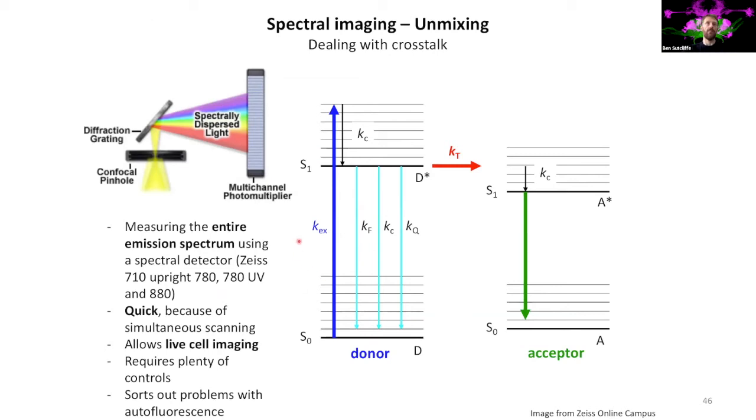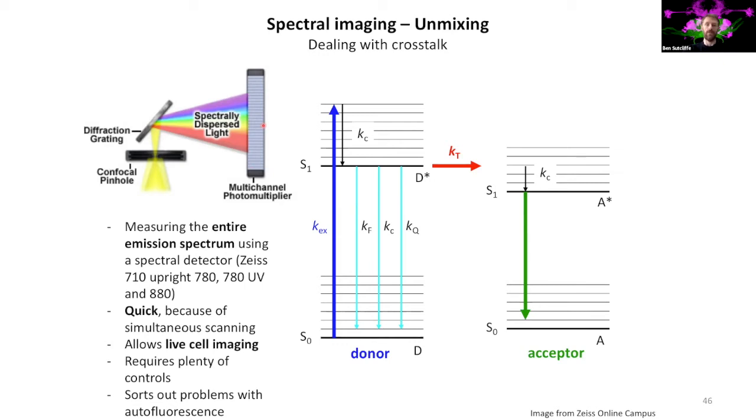They all have a multi-channel photomultiplier: you image the light through a confocal pinhole onto a diffraction grating, which spreads out the spectrally dispersed light over a 32-channel array of detectors, each collecting 9 nanometers of the visual spectrum, and they're adjacent to each other. So you can detect 288 nanometers of the visual spectrum.